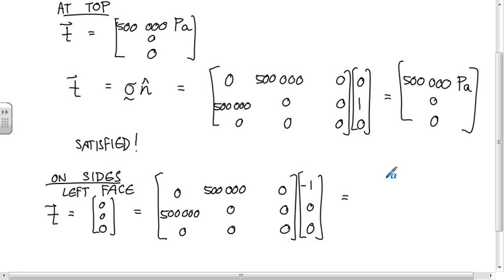So that's 0. What's going on here? Negative 500,000, 0. What did I do wrong here?